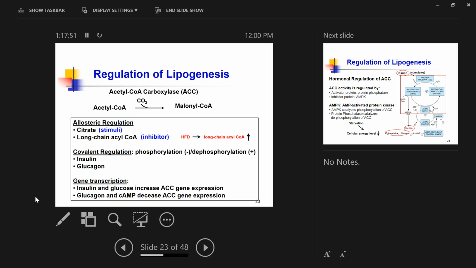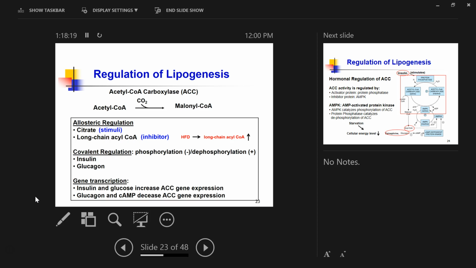And covalent regulation, basically insulin or glucagon can regulate phosphorylation and dephosphorylation of ACC, right? We have more detail in the next slide. And lastly, the gene expression, right? Basically, insulin and glucose both can increase ACC gene expression, so increase ACC level, right? That will stimulate lipogenesis.